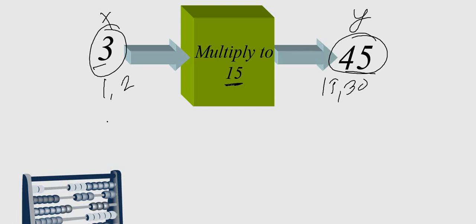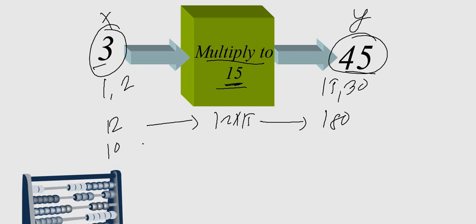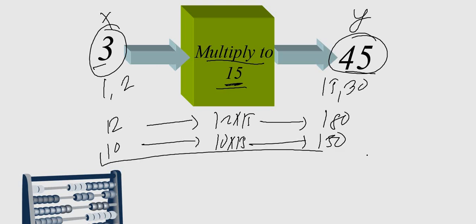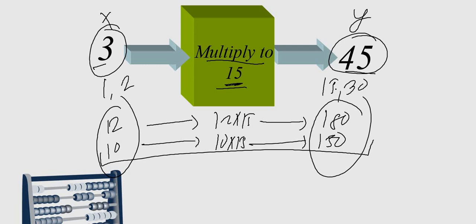That's why when we had our 12, we multiplied it by 15, so that's 12 times 15, and therefore we get an answer of 180. For the 10, we multiply it by 15 also, and we get an answer of 150. So, this special relationship helped us guess these numbers that are related to these numbers.